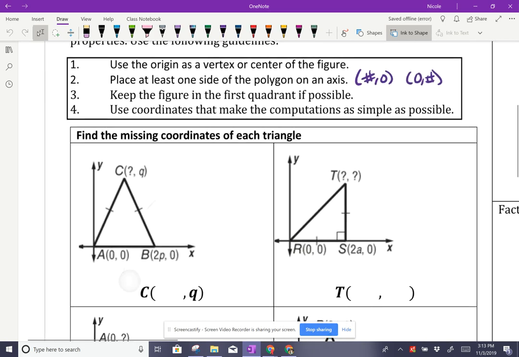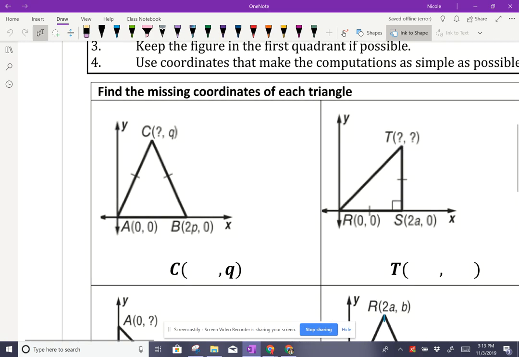So we're going to take a look at our first one here, which is triangle ABC. And if you notice, it is an isosceles triangle. Something that's important to note, which we haven't really talked about yet, is that when you have an isosceles triangle and you drop a line down from the top vertex at a right angle, it actually bisects the base and creates two congruent pieces.